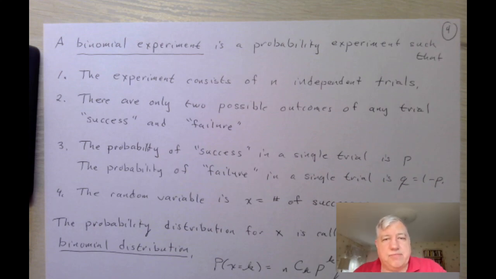We can call the first one a success, and we call the second one a failure. Again, those are just arbitrary labels, just to keep them distinct. The probability of success in any trial is always the same. It's always equal to some number p. That means the probability of failure in a single trial is also always the same, and that's going to be 1 minus p, or q.